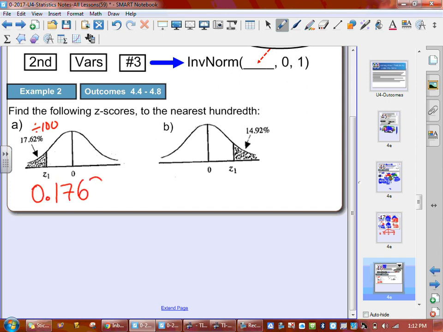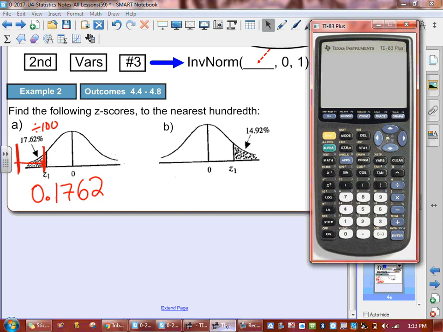And the reason we can use that number is because we read a graph left to right. Like I said, it's like starting a race. You have to start your race on the left, and you go until you hit your z-score line. So that's how much region I'm going through. So that's the region I have. Now I'm going to my calculator. So now I'm going to type in where I have the inverse norm. I'm going to type in 0.1762, comma 0, comma 1.